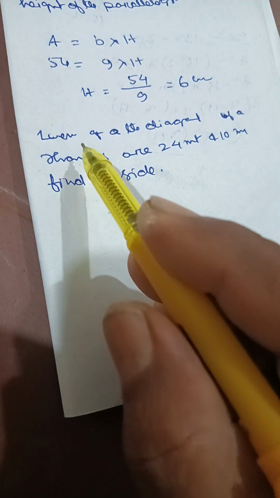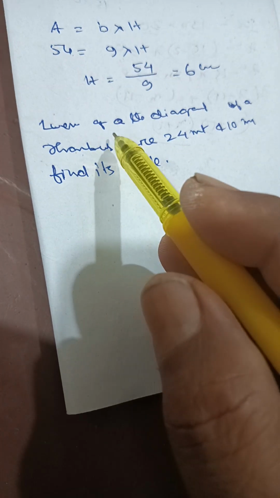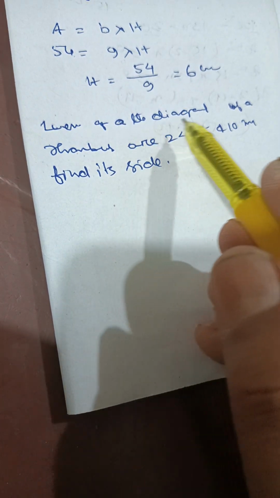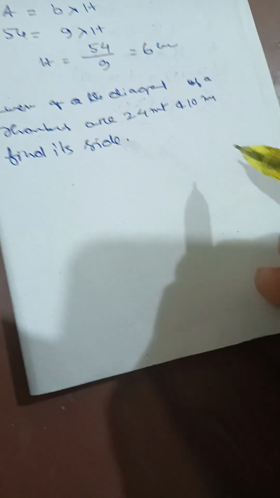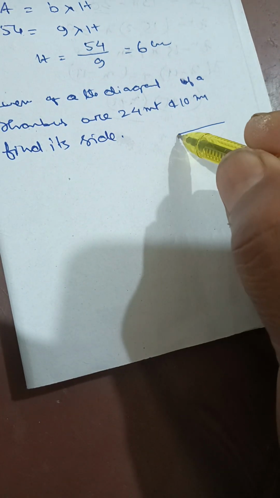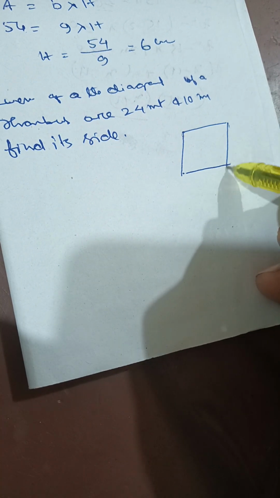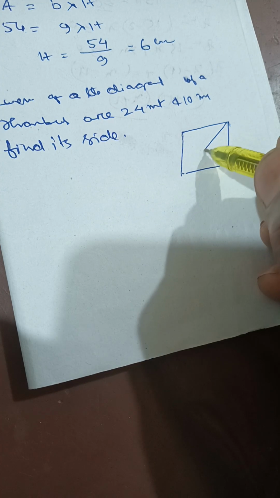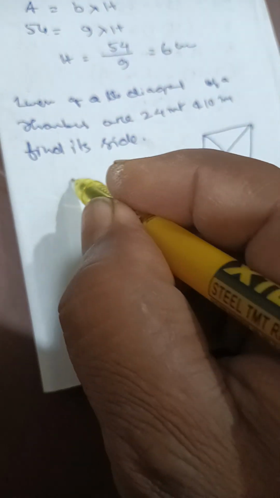Again, I am reading the question. I have not written it neatly. Question is: length of the diagonal of a rhombus are 24 meter and 10 meter. Find its side. You see, I am drawing here the diagonal. This is one diagonal. This is another diagonal. Suppose D1 is given 24.